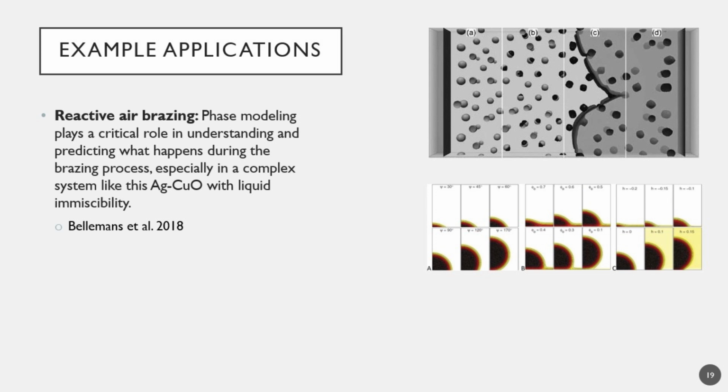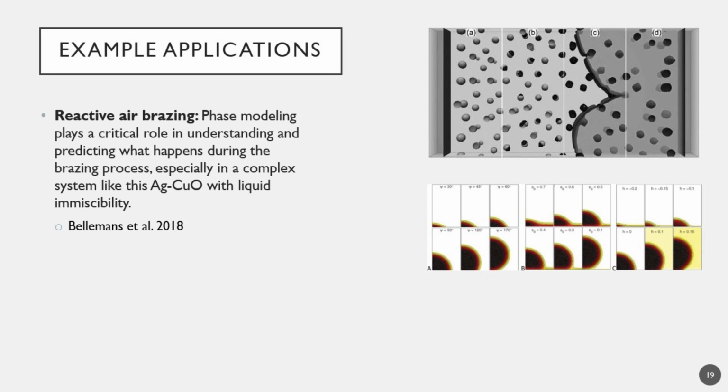In the top image, we can see a simulation frame, and this captures the evolution of the two-phase system during the brazing process. From figure A to D, we can see how the phases separate and spread, forming different boundaries. This segregation affects how the filler interacts with the surrounding environment, and whether the joints hold under stress.